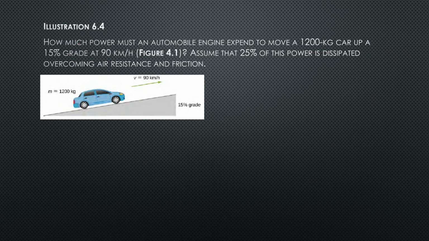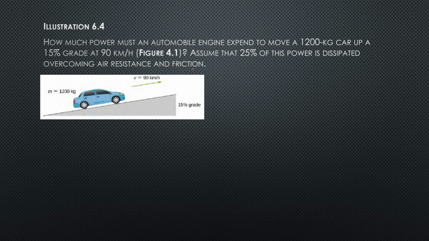Illustration 6.4. How much power must an automobile engine expend to move a 1,200 kilogram car up a 15% grade at 90 kilometers per hour, as shown in figure 4.1? Assume that 25% of this power is dissipated overcoming air resistance and friction.